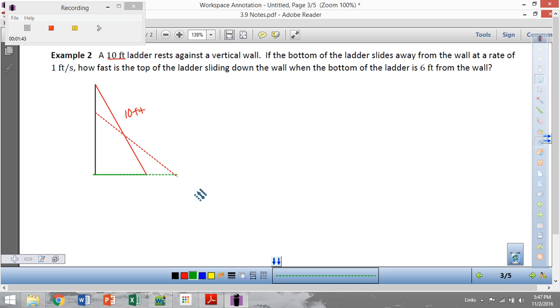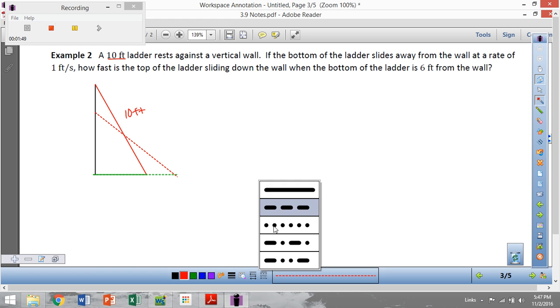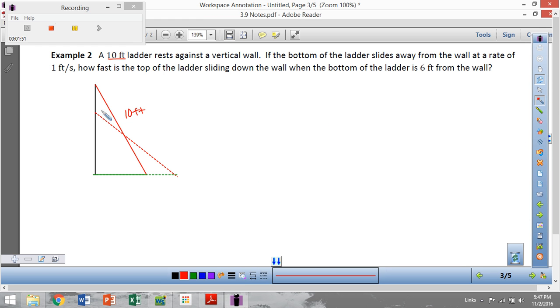As that ladder slides away from the bottom, it's sliding down the top. It's still going to be 10 feet. So that's not going to change, but these lengths are going to change. Okay, so that's the situation that's going on. Hopefully that's okay, that we can make that picture.